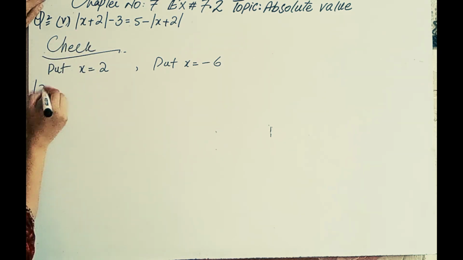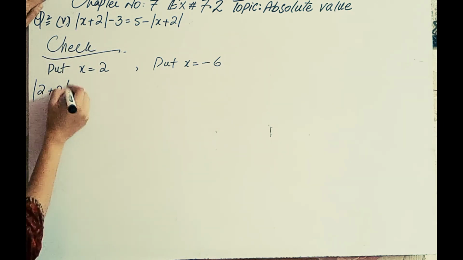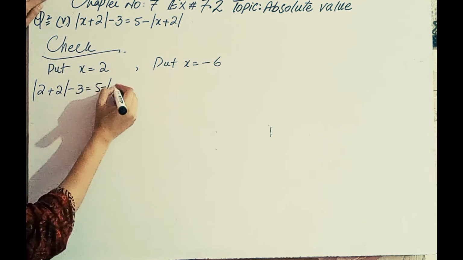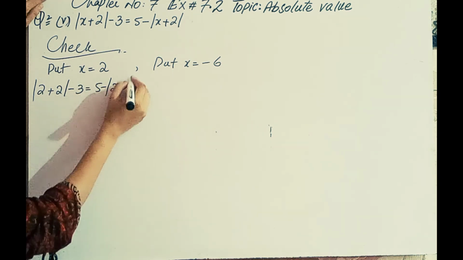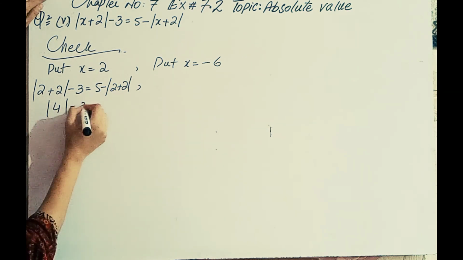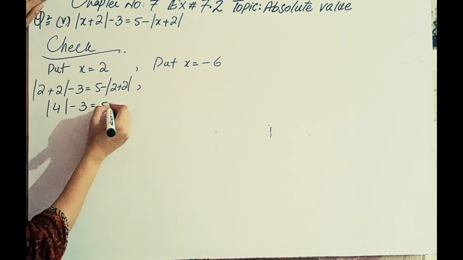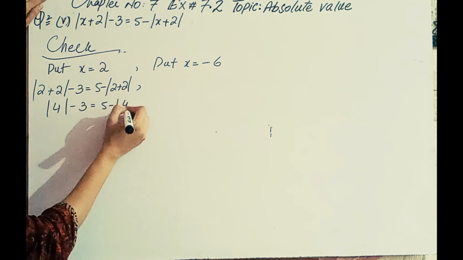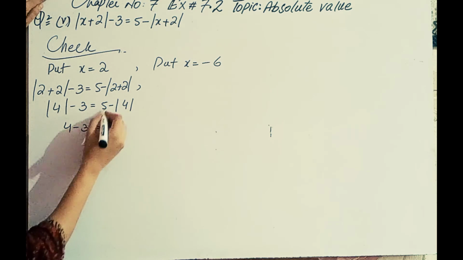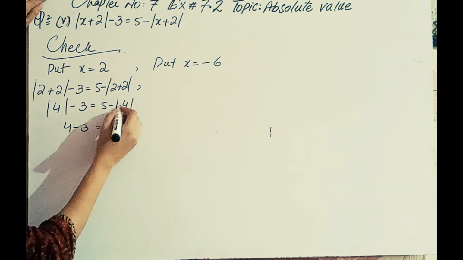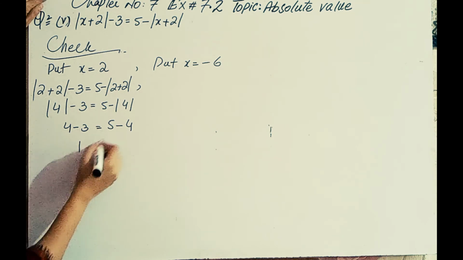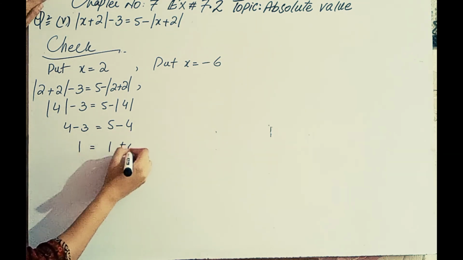In place of x we can write 2, then plus 2, absolute, -3 equals 5 minus absolute 2 plus 2. 2 plus 2 is 4. Absolute of 4 is 4, minus 3 equals 5 minus absolute of 4 is 4. 4 minus 3 is 1, 5 minus 4 is 1. This is true.